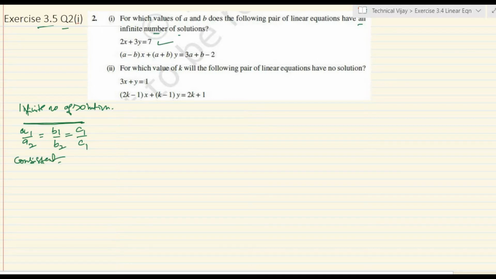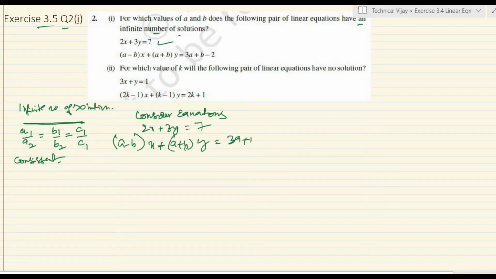So here consider equations 2x plus 3y is equal to 7 and one more equation: a minus b into x plus a plus b into y is equal to 3a plus b minus 2. So this is all constant term.